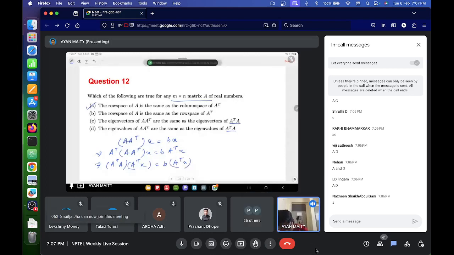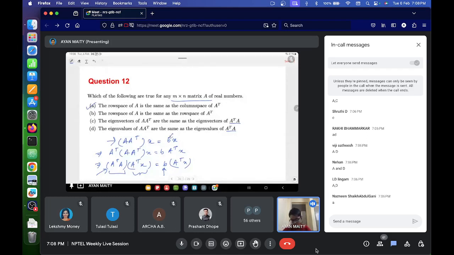So A transpose X is the vector, B is the eigenvalue, and A transpose X is the eigenvector. So B is the eigenvalue for A transpose A and also A transpose. So eigenvectors might not be the same, but the eigenvalue is certainly the same.